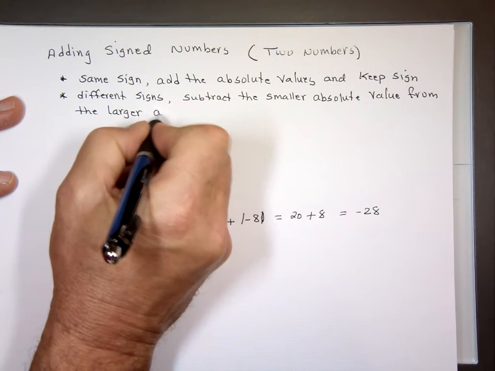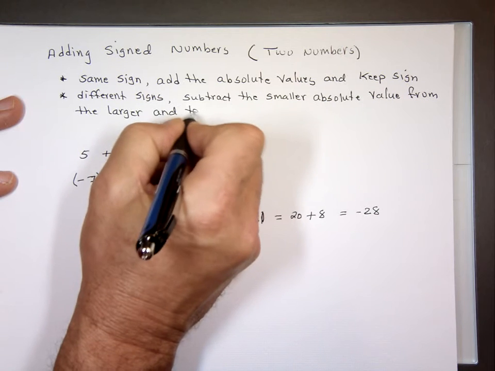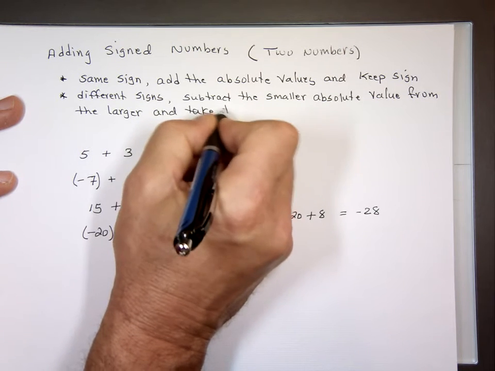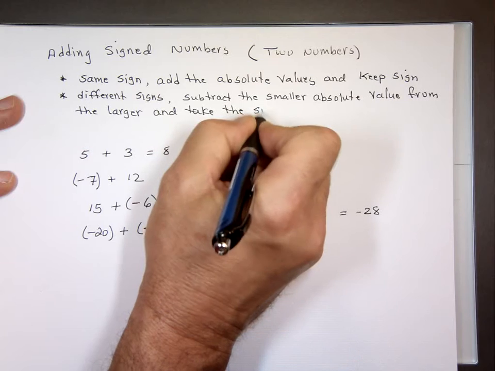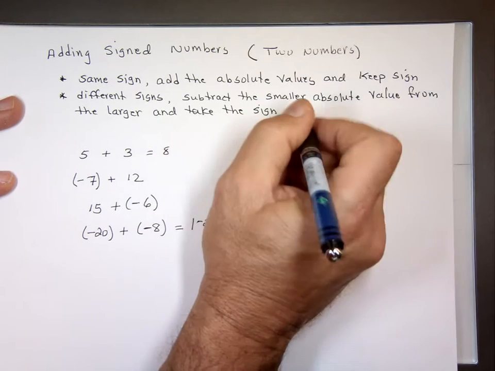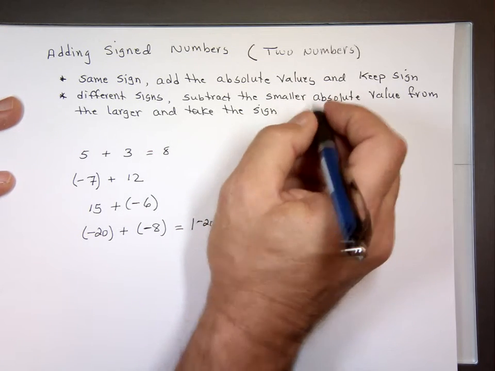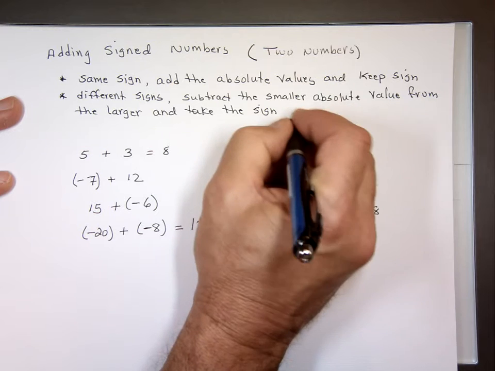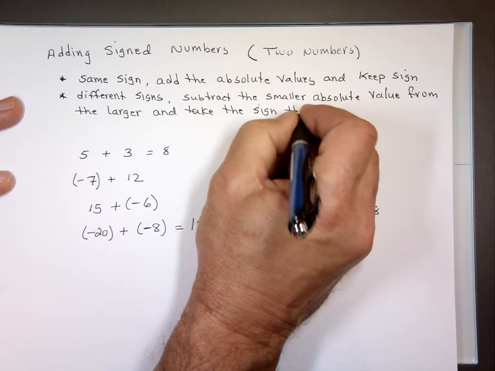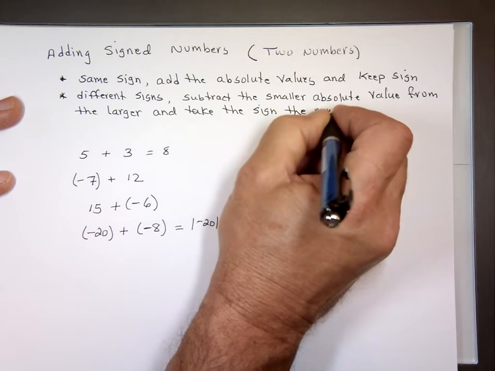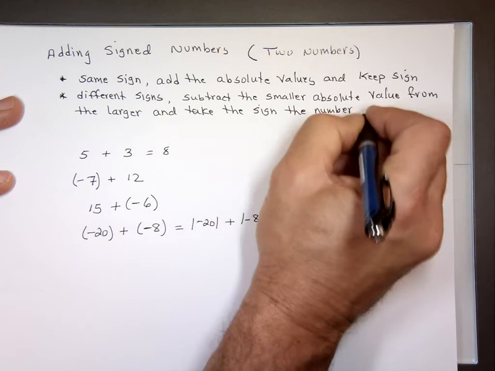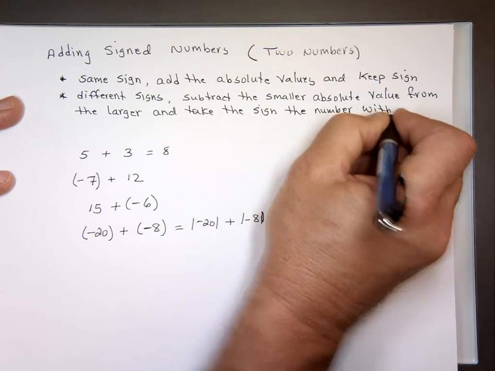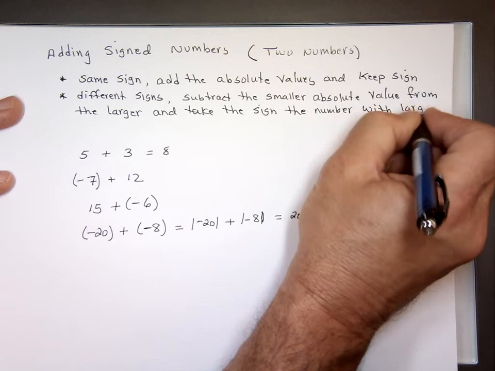And take the sign of the number with the larger absolute value. I don't like all this writing, but I got to make it mathematically correct. A lot of writing.